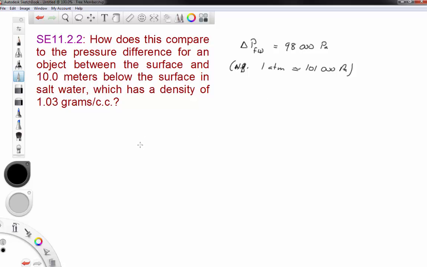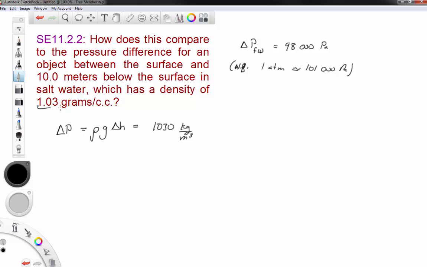So let's see how it is for saltwater. And in fact, saltwater is going to be even closer to this rule of thumb, because the change in pressure, again, is density times free fall acceleration times the change in depth. And so what we end up with is 1,030 kilograms per cubic meter.